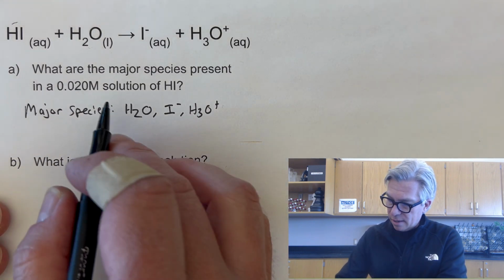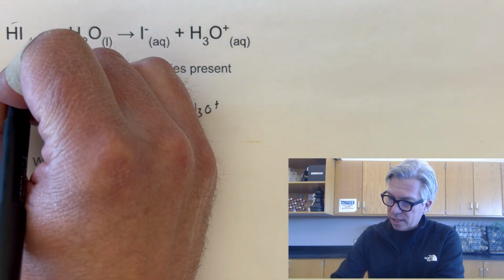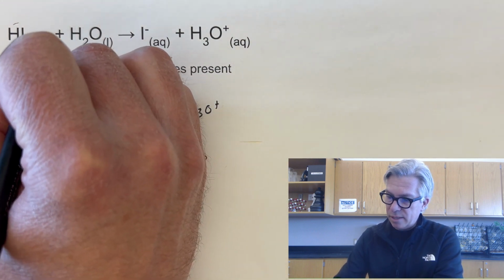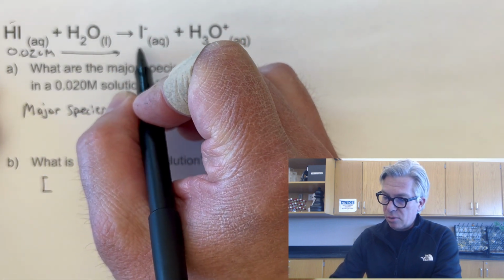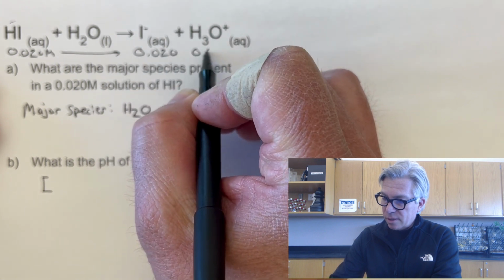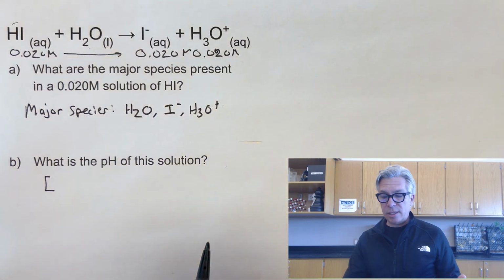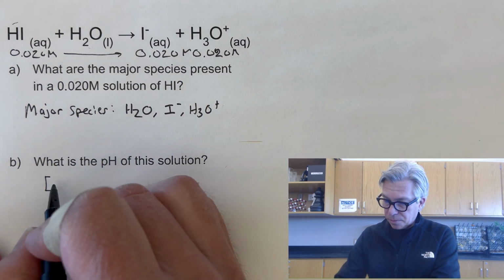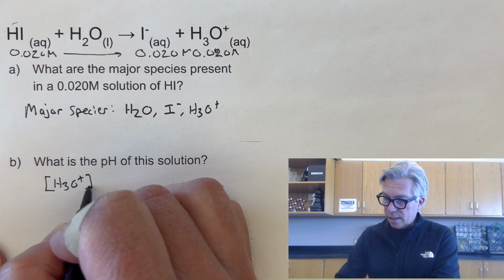All right, and what is the pH of this solution? Well, once I have the moles per liter of this, 0.020 moles per liter, 100% of that gets converted over into the product. So the final concentrations of both of these are both 0.02 moles per liter as well. So I can just take that and transfer that over.